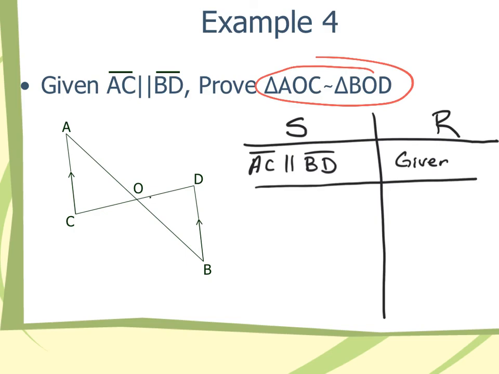Angle DOB, this one right there, is congruent to angle AOC, that's this one right here, because they're vertical angles.